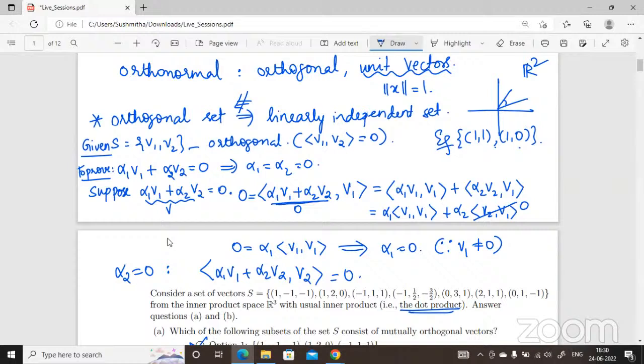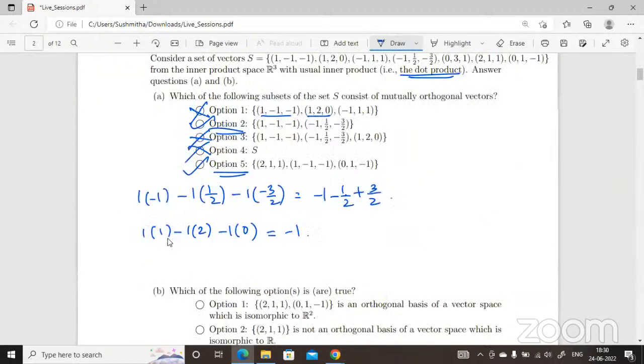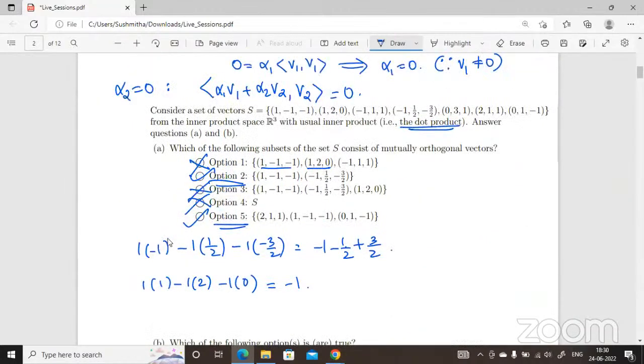Ma'am, quick question, sorry. Can you tell me how you calculate the dot product between, say, two vectors, 1 minus 1 minus 1 and 1 2 0? I missed that part. No problem. Here it's the dot product, right? You have to multiply each component. How is the dot product defined?